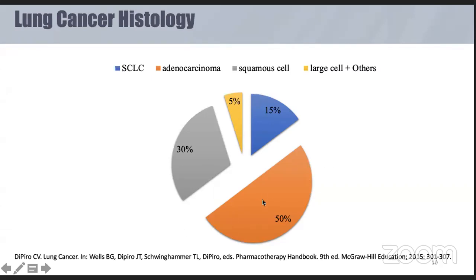Adenocarcinoma, which is one type of non-squamous non-small cell lung cancer, represents 50% of the total lung cancer. Squamous represents 30%, and the other types and large cells represent 5%. So keep this in mind. For that reason, we are seeing the majority of patients with non-small cell lung cancer.